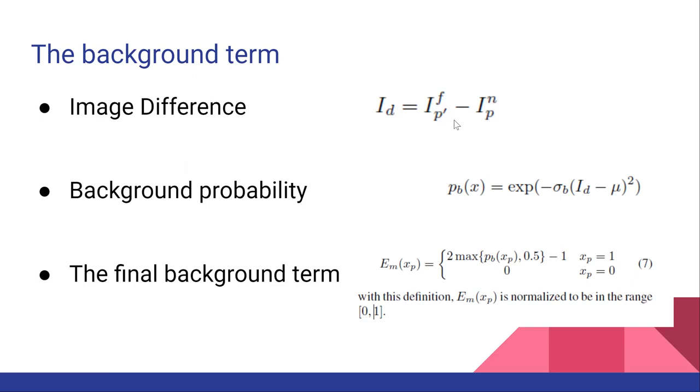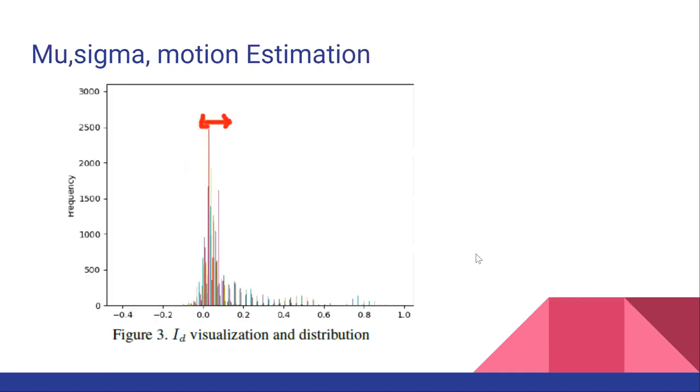And the background probability is the distribution of the ID with mu and sigma b. This probability term is basically a Gaussian function. And then we normalize the probability into 0 to 1 and compute the background term.